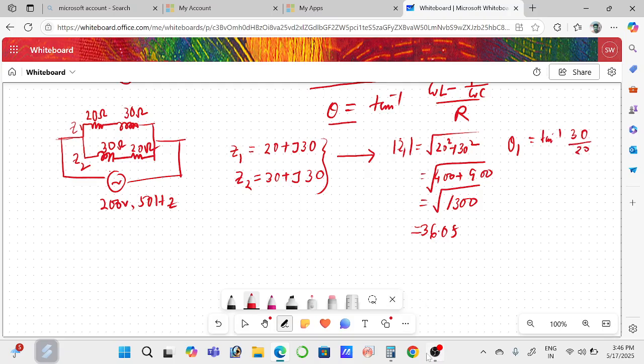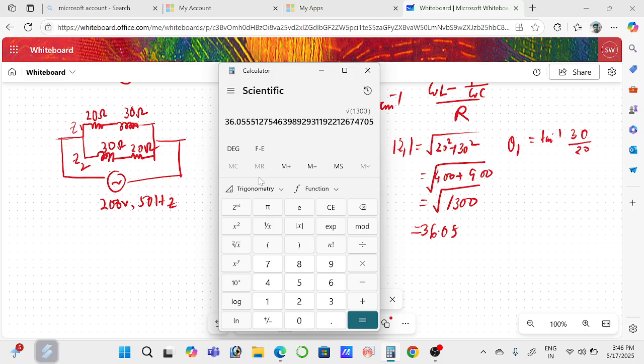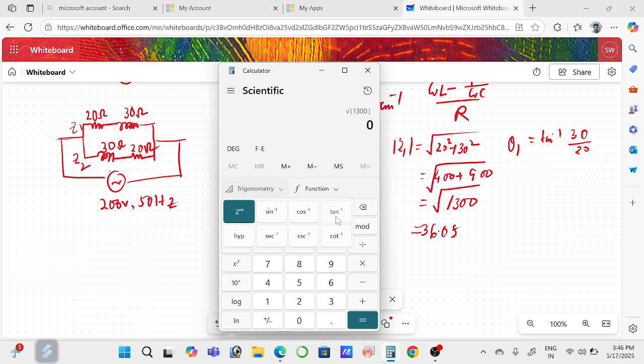So we need a calculator here. Tan inverse, a trigonometric function we need. So arc tan inverse of 1.5.